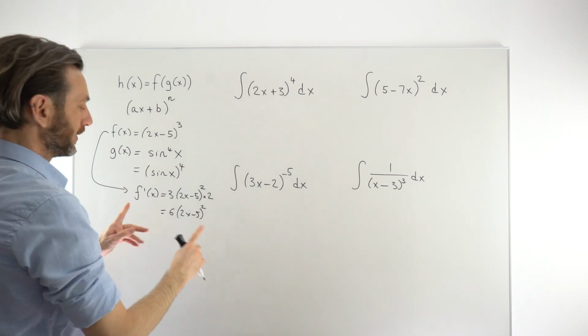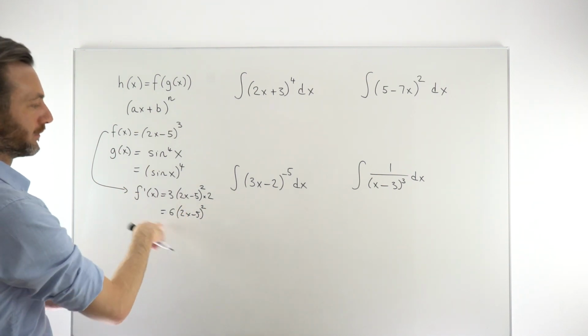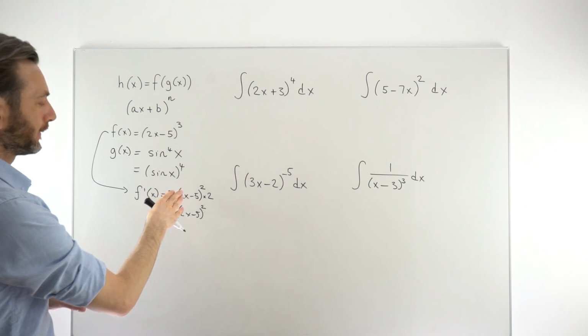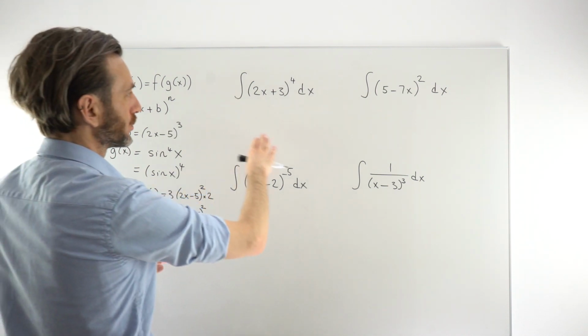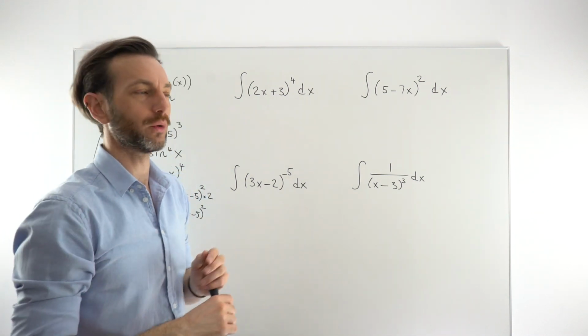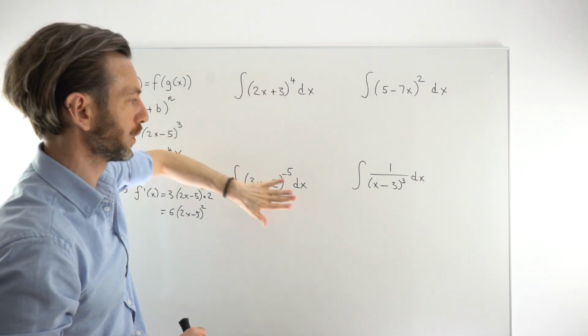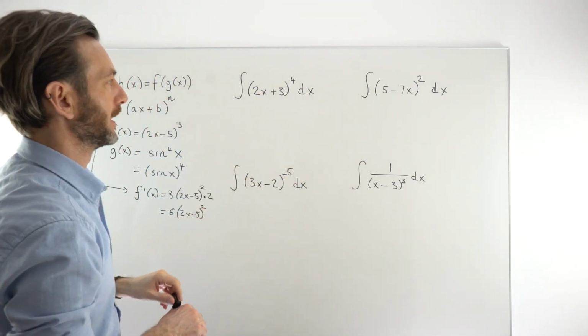The fact that the differentiation chain rule has a derivative as part of the process means that the integral equivalent needs to have a derivative as part of the process. That can be a little confusing at first, but you'll see by example that when you actually come to work these, it doesn't really cause that many problems.